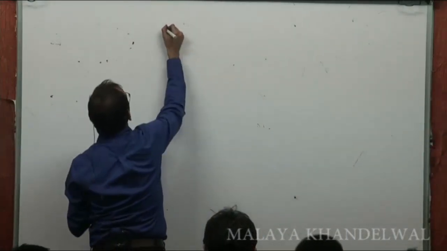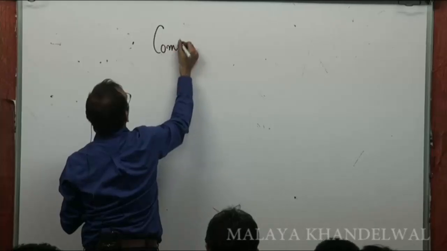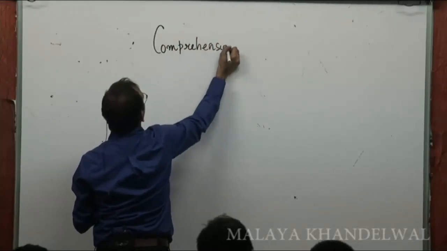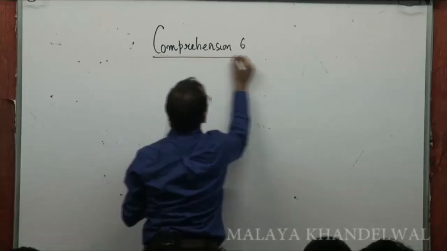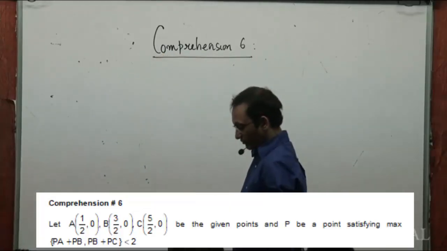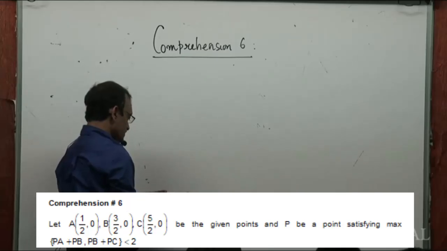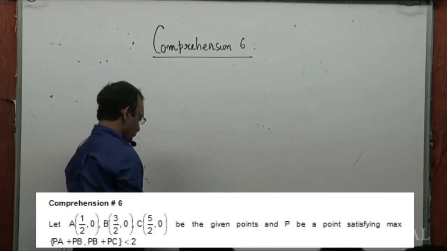Comprehension 6. A (1/2, 0), B (3/2, 0), C (5/2, 0) are given points, and P is a point.